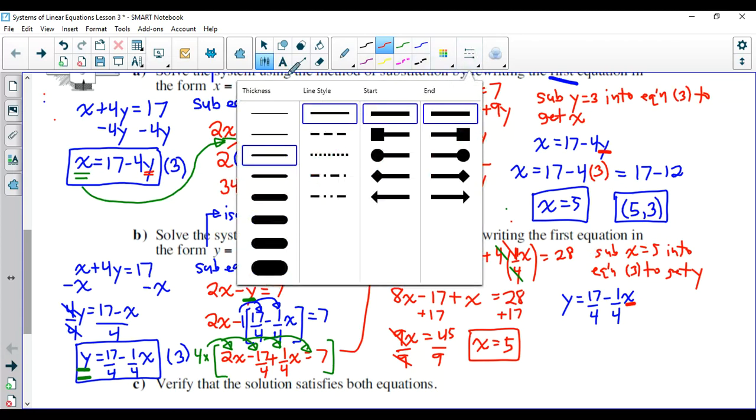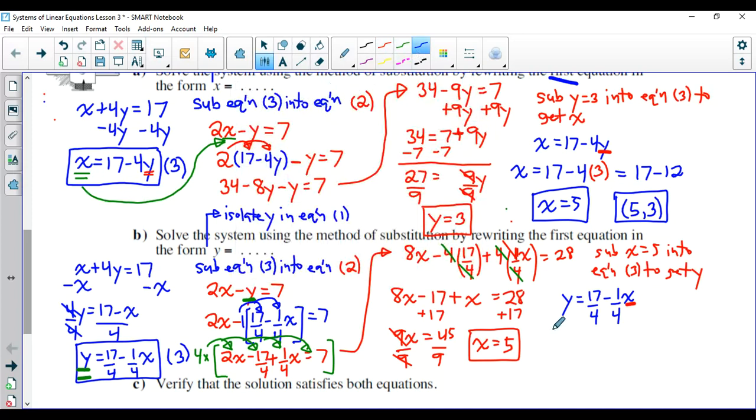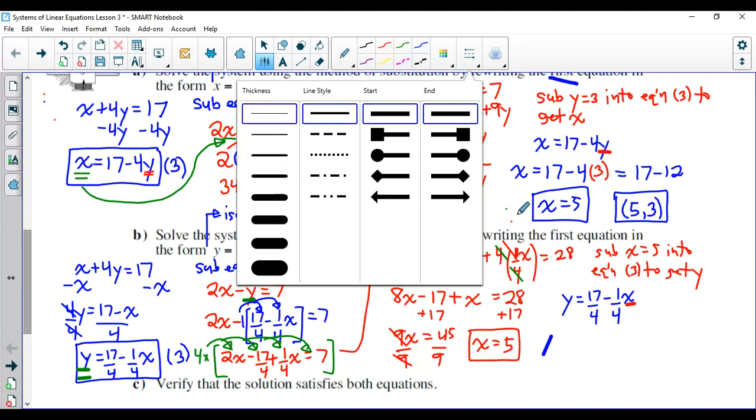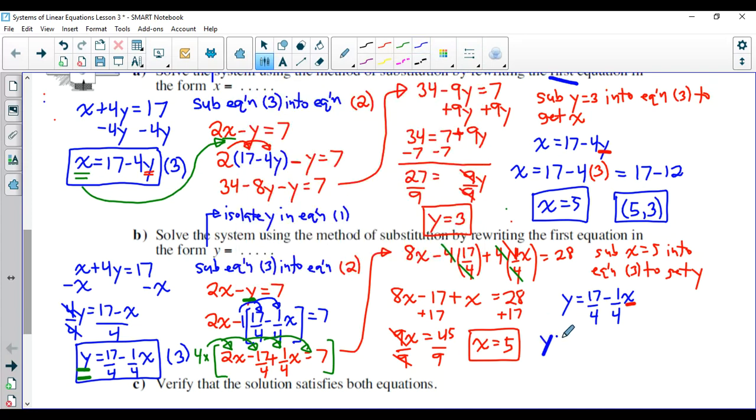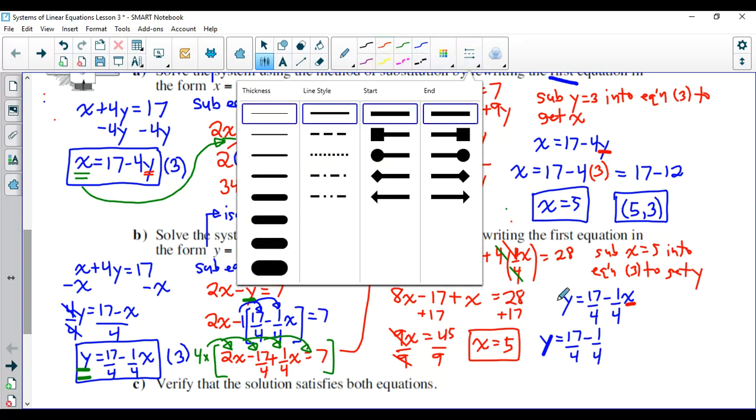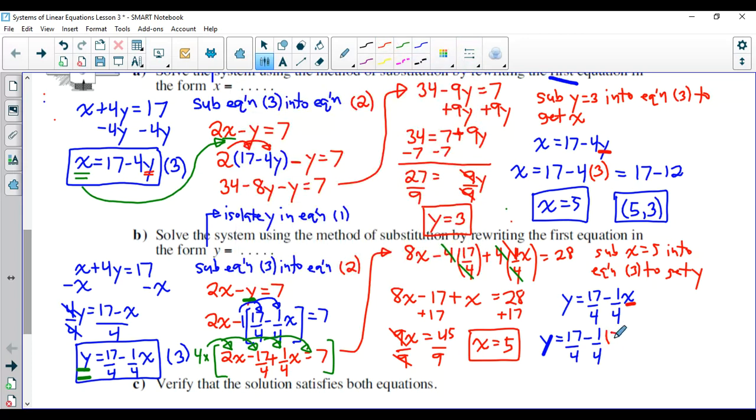So y would be equal to 17 over 4, subtract 1 over 4, and in the place of x, we're going to sub in x equals 5. So the 5 is going to go in here.